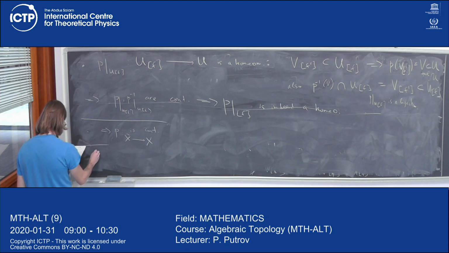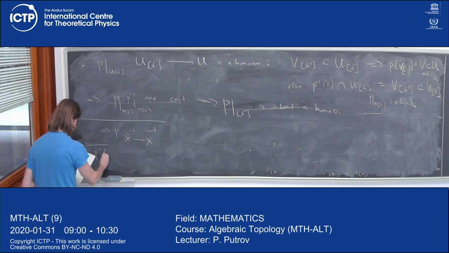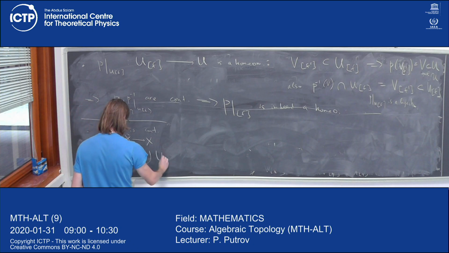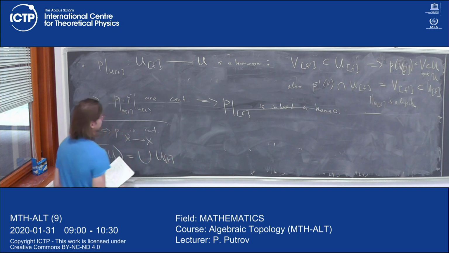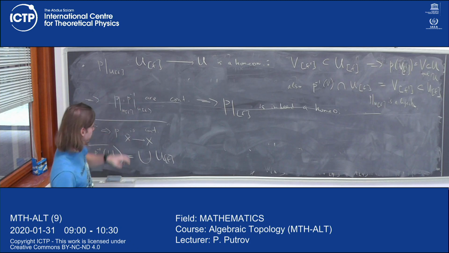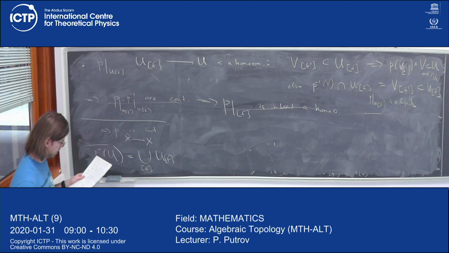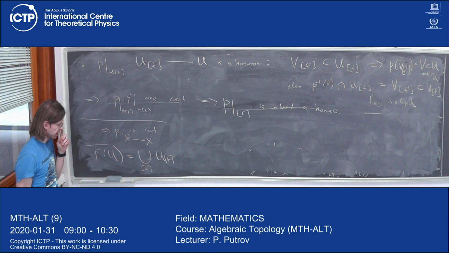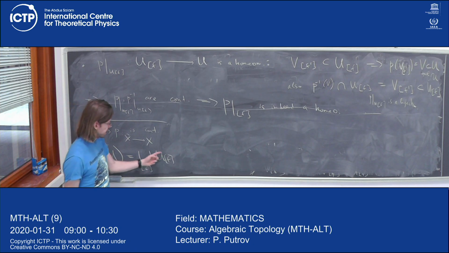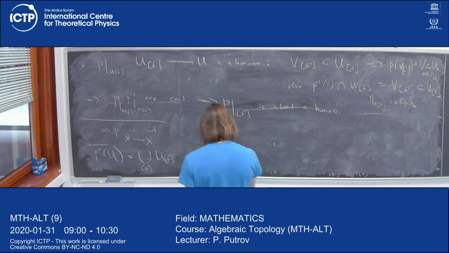And we also want to show that this satisfies the property of the covering map. So in particular, if you consider the preimage of U, we want it to be a disjoint union of open sets of this form. Meaning that in this union, the elements are either the same or they do not intersect.